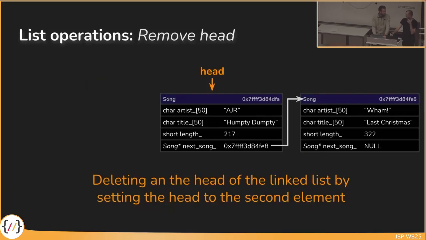One important thing to mention, as you might have seen, we always use the head. So as soon as you lose the head, you lose basically a complete linked list. So always keep that head. And that's why we always make copies of it when we iterate over it.